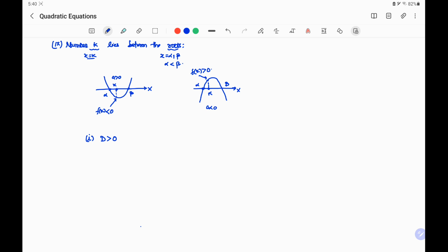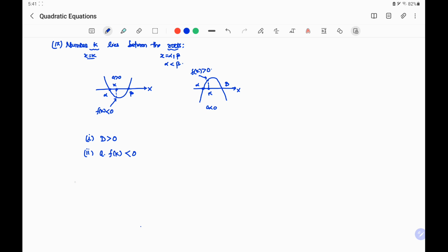That means the graph cuts the x-axis at two distinct points. And second is that the product of a and fk will be less than 0, because if a is positive, fk will be negative, and if a is negative, fk will be positive. So this product will be negative. This gives the condition for number k lying between the roots.